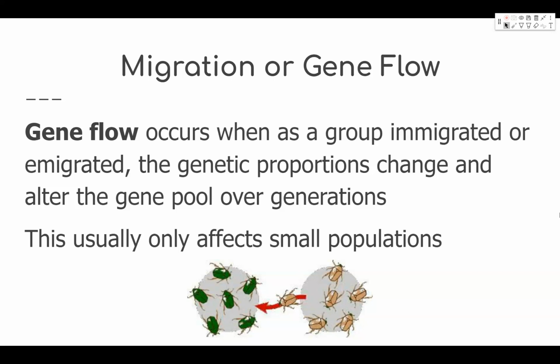For example, if we were to have another person enter this class, let's say this person has like naturally really light blonde hair, right? That would change the proportion of people with blonde hair in this classroom, right?